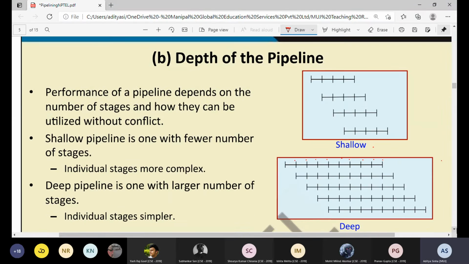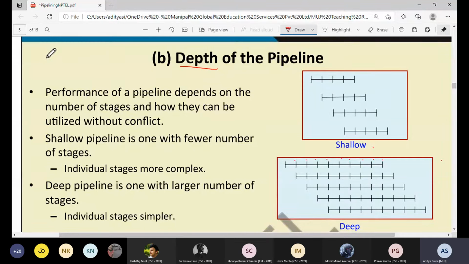And then the depth of the pipeline. What is the factor on which the depth of the pipeline depends? We discussed it yesterday. In which condition is the pipeline deep?